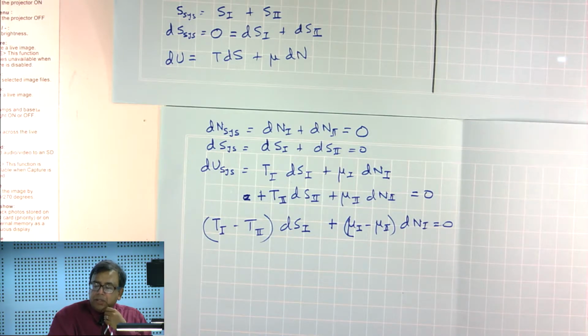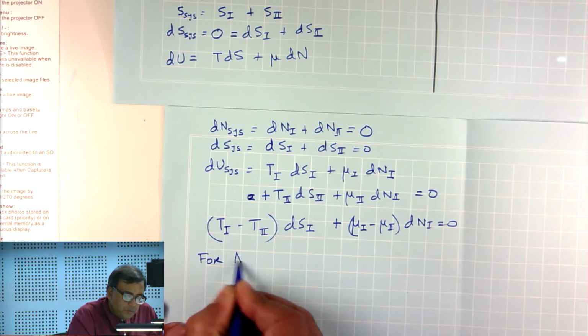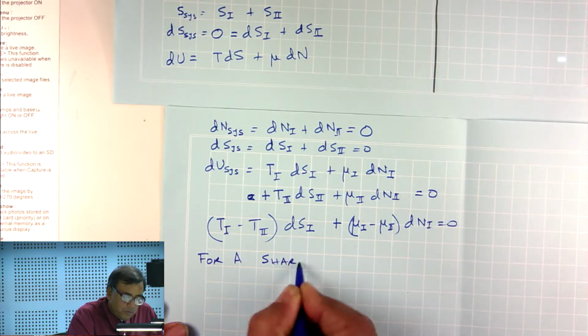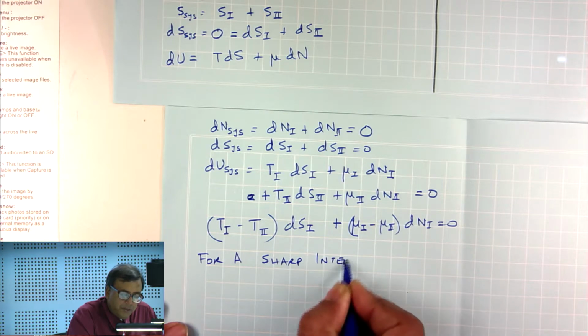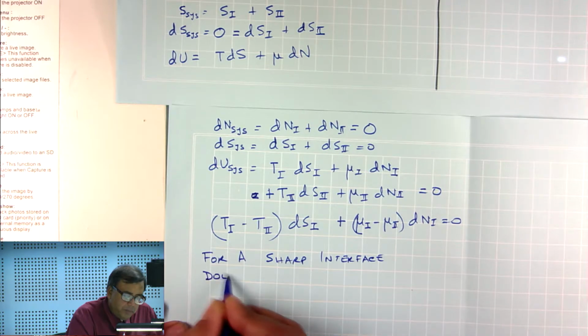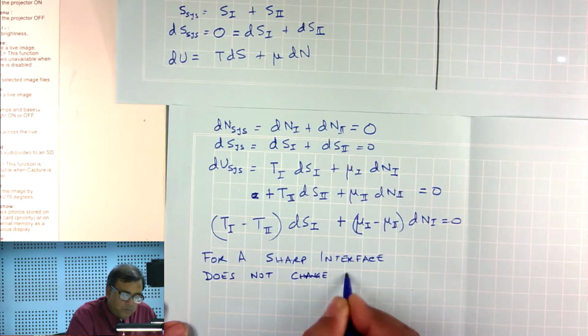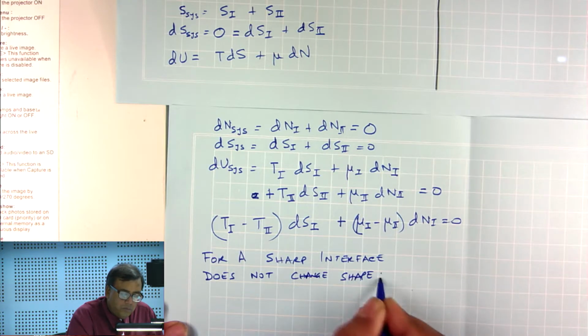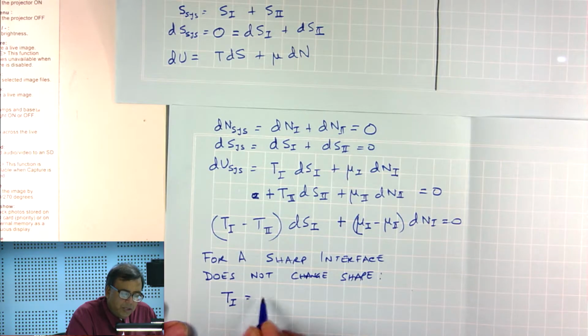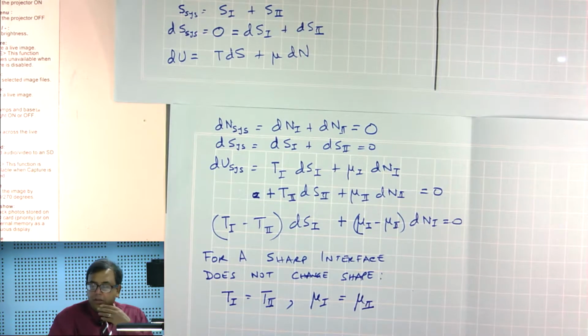Okay. So, if the shape of the interface does not change, so for a sharp interface that does not change shape, the temperature has to be isothermal and the two chemical potentials also have to be equal.